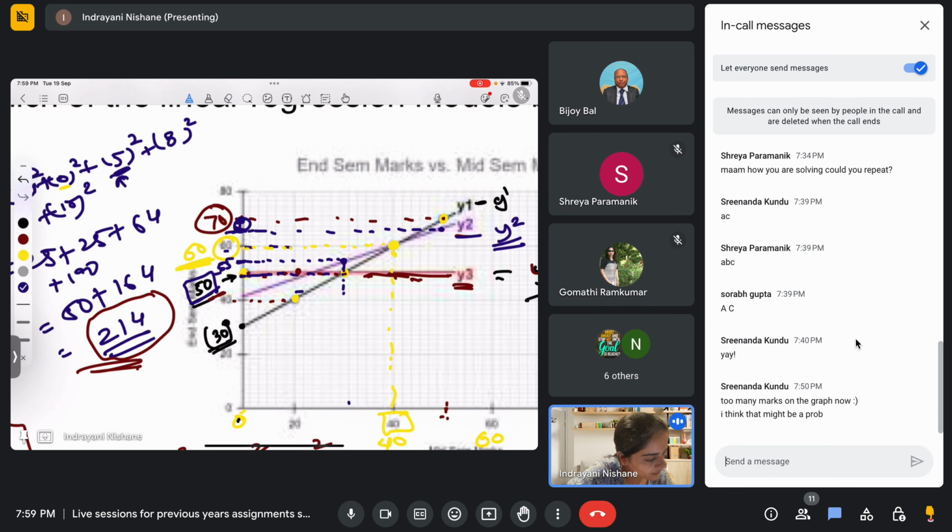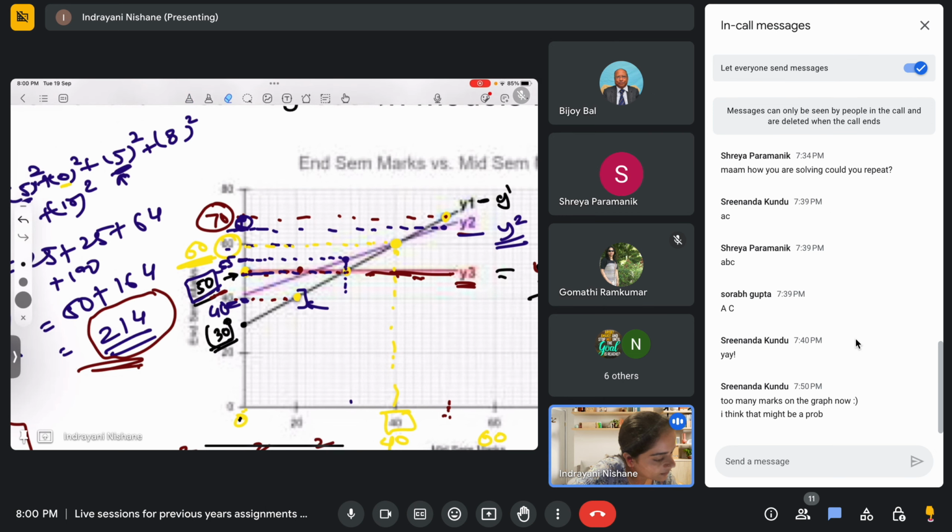Now coming to this last point, which is below this. Now you tell me what is the actual value? Roughly 40. And what will be the predicted value? No, we are on y2, this purple line.